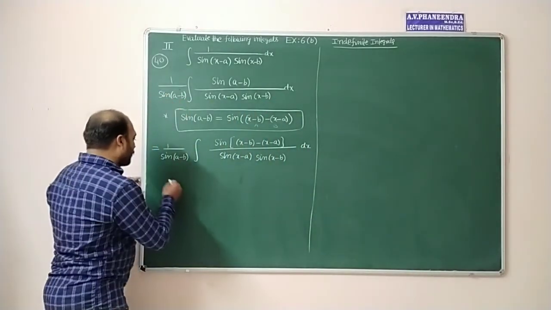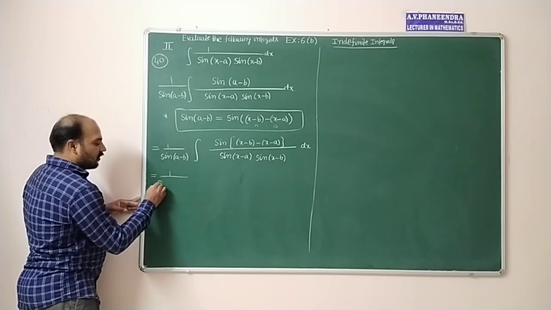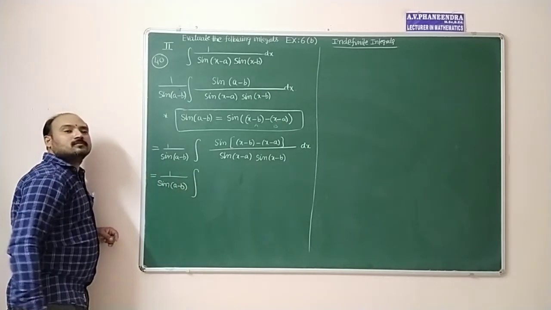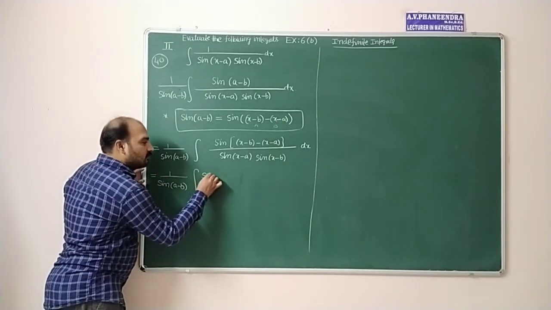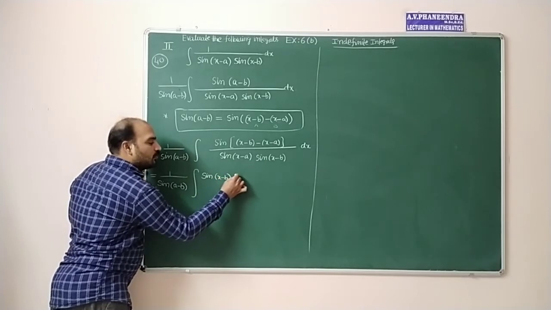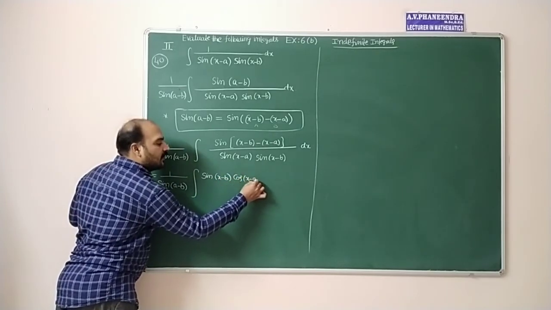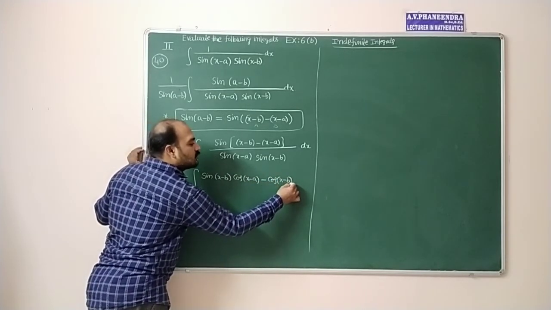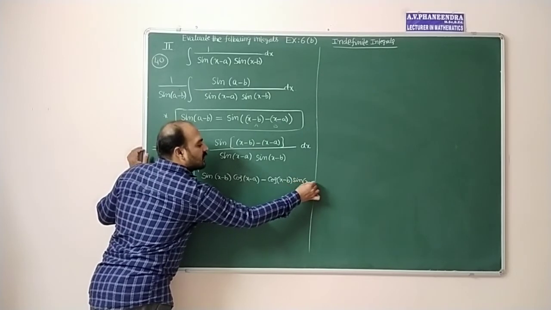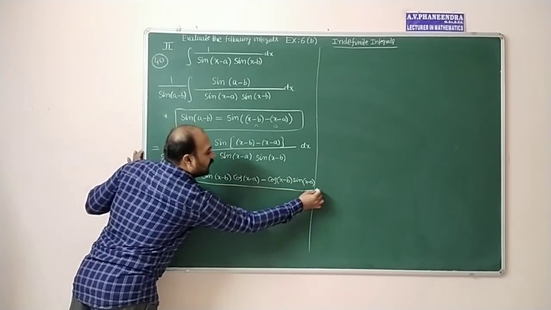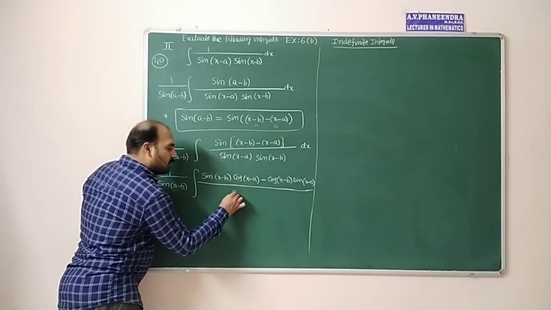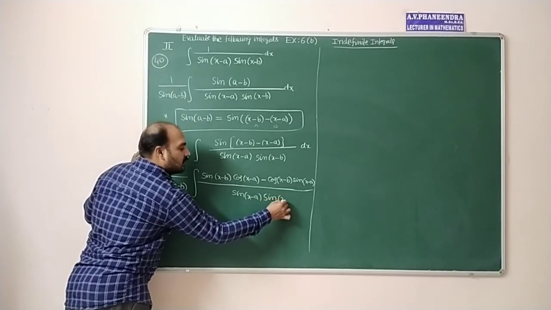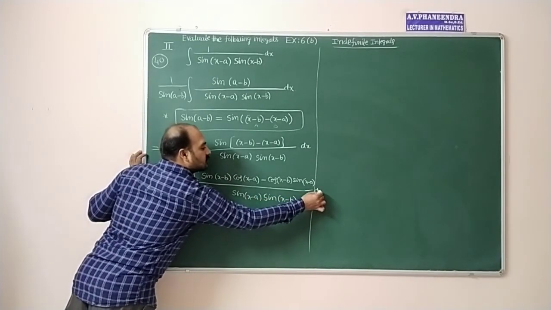So here 1 by sin of a minus b integral, sin of x minus b into cos of x minus a, minus cos of x minus b into sin of x minus a, whole divided by sin of x minus a into sin of x minus b into dx.